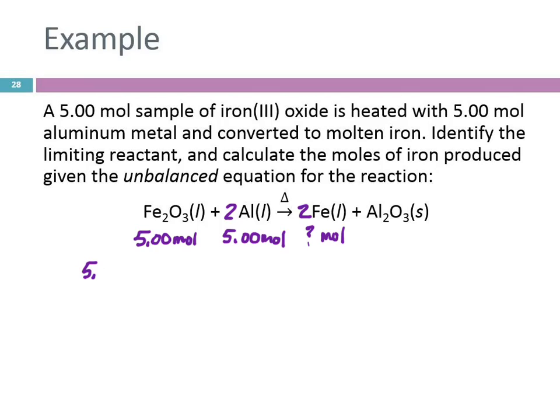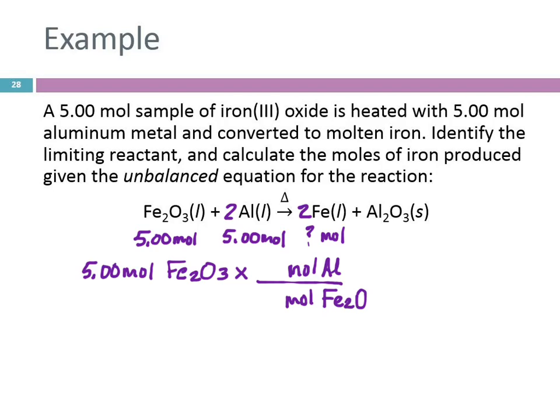So if I have 5 moles of Fe2O3, and I'm going to assume that I had plenty of aluminum, I'm just going to go from moles, plenty of aluminum, moles of aluminum, and I want to divide by moles of Fe2O3. Just so my units work out.